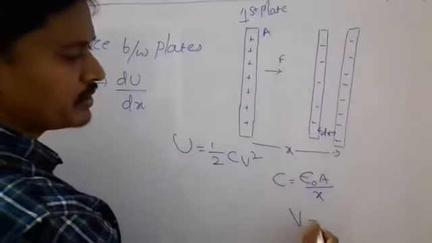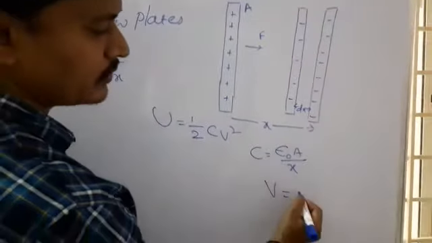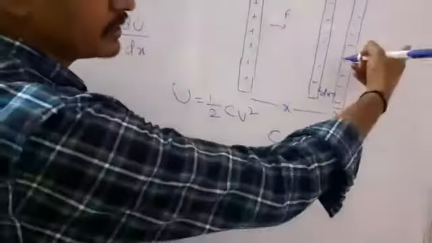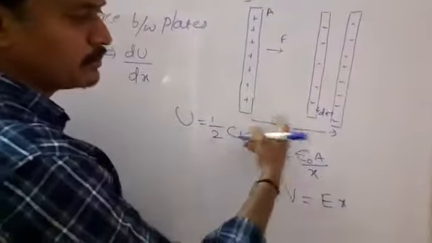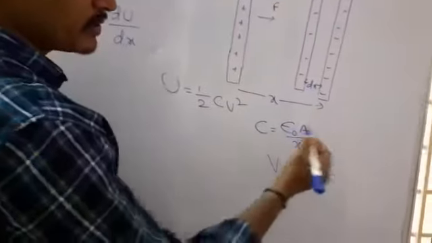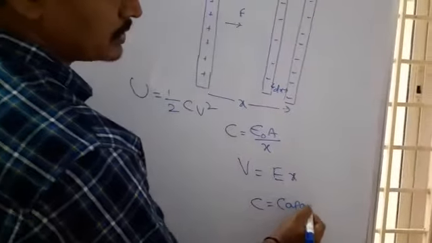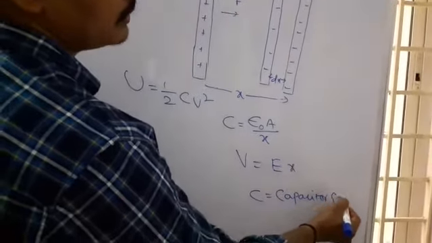Then V is the potential difference between the plates. V is equal to E into x. E is nothing but the electric field and x is nothing but the separation between the plates. V, potential difference. C is the capacitance.